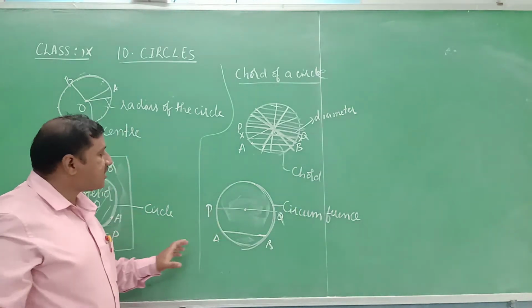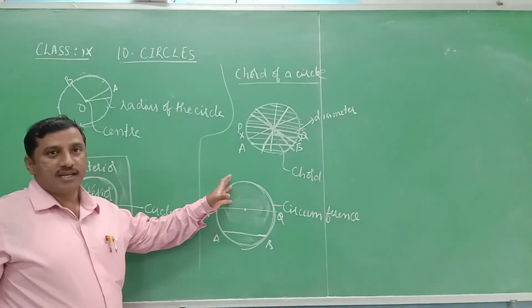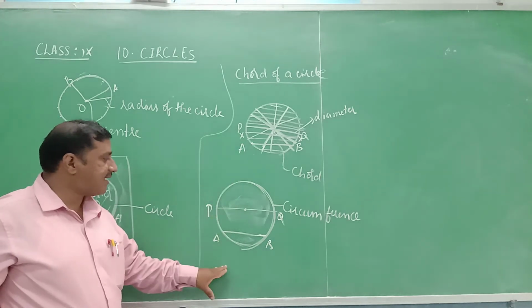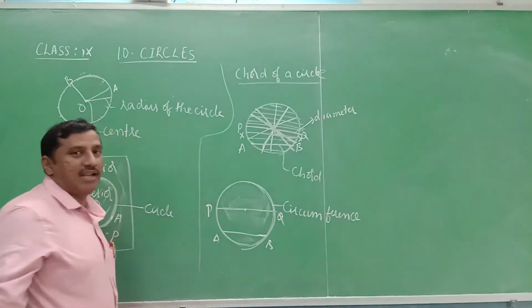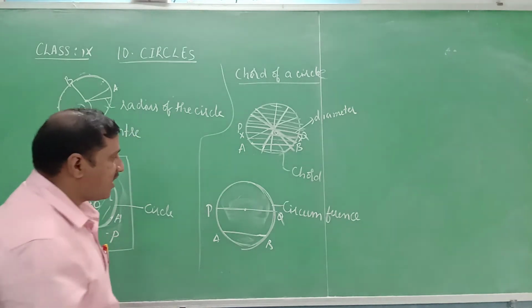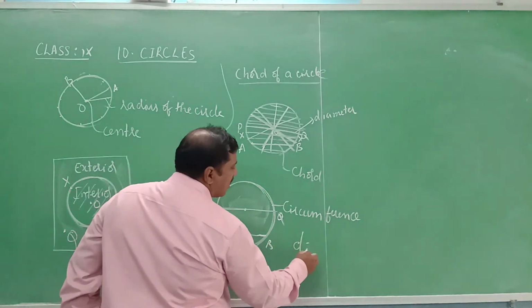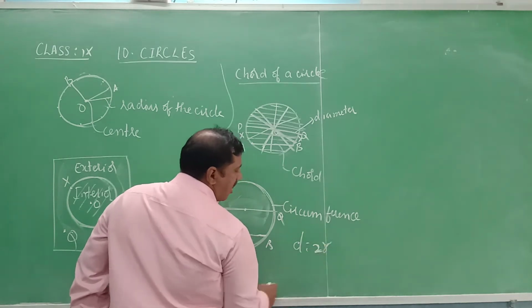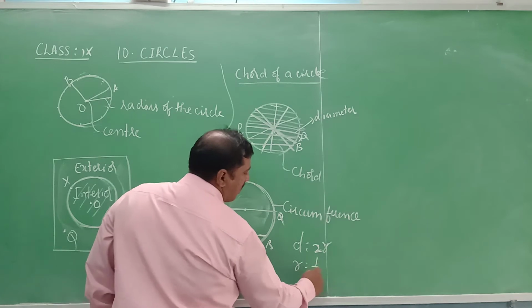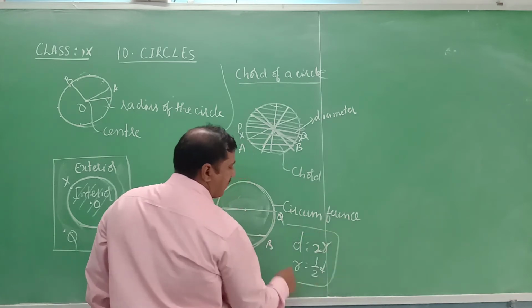So this is about the circumference, diameter, and if you measure this diameter, length of the diameter will be 2 times the radius. That is, diameter D is 2 times of radius, or radius is half of the diameter.